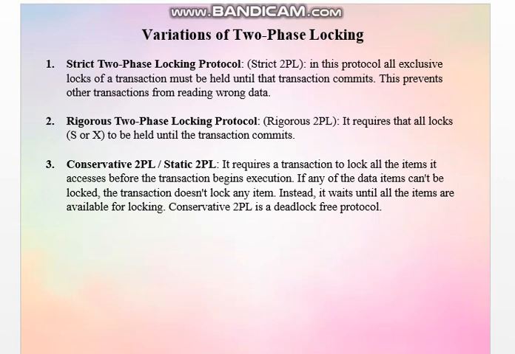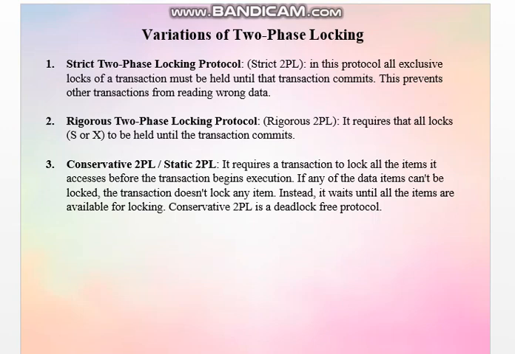Next is called the rigorous two-phase locking protocol. The rigorous two-phase locking protocol requires all the locks, whether shared or exclusive, to be held until the transaction commits. In the strict two-phase locking protocol, in the growing phase the transaction occupies all types of locks, but in the shrinking phase it only releases the shared locks, not the exclusive ones.